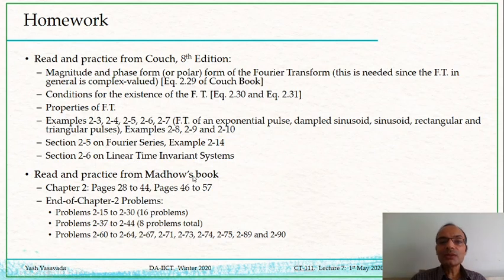Upamanyu Madhow's book, which is available online, is also a great textbook. I would like you to focus on pages 28 to 44, and then also pages 46 to 57. And these are some of the end of the chapter problems. There are about maybe 30 or 35 of them that I have identified that you should try to work on.